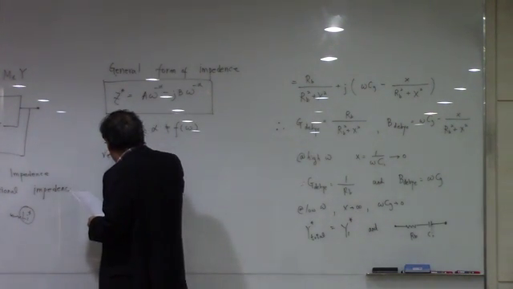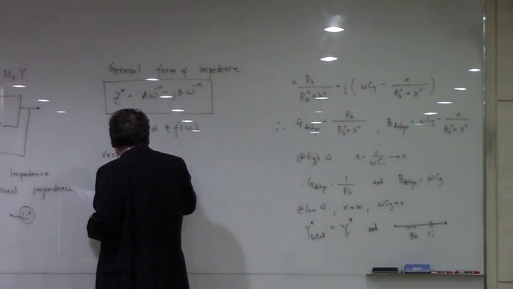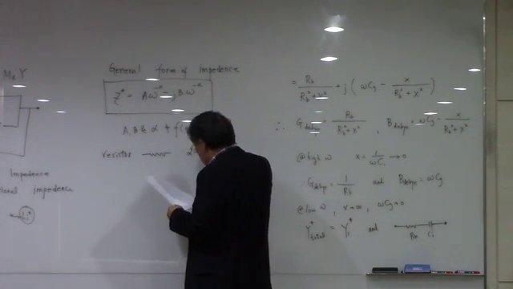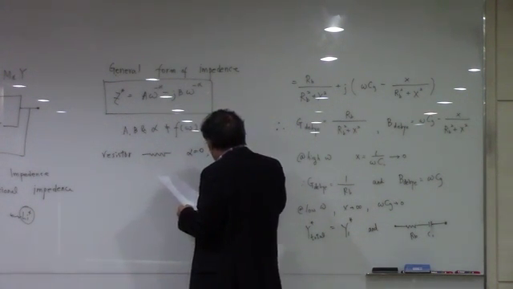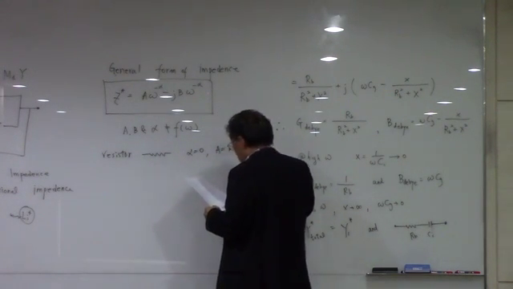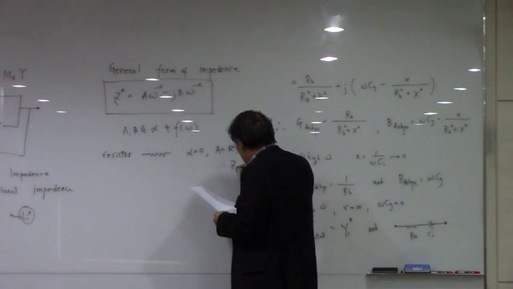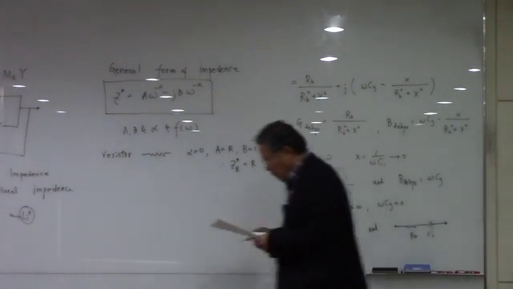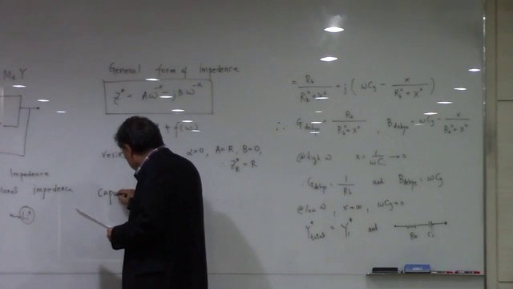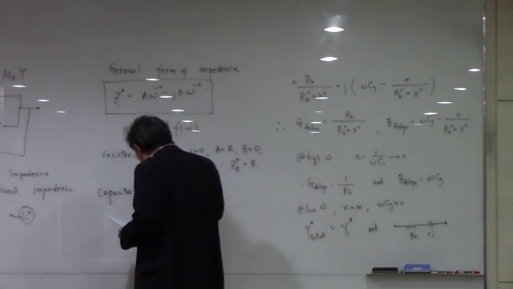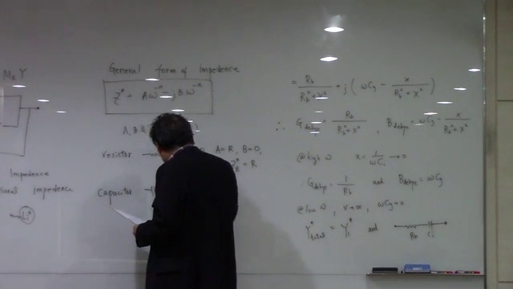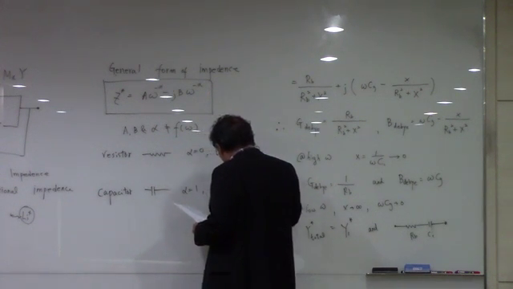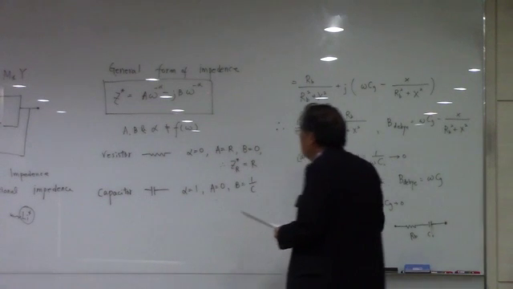So in case of a resistor, which is going to be symbolized like this, alpha is equal to 0, A is equal to R, and B is equal to 0, so that Z_R star is going to be R. In the case of a capacitor, alpha is equal to 1, A is equal to 0, and B is equal to 1 over C in the general form.